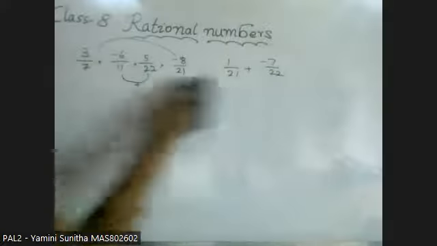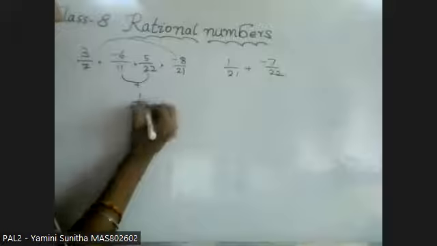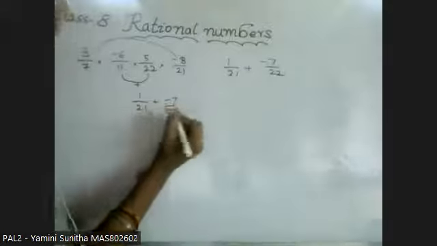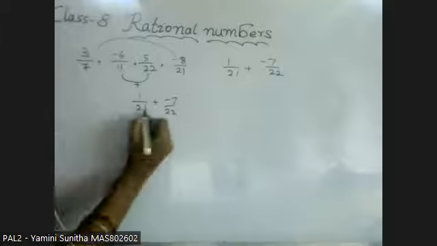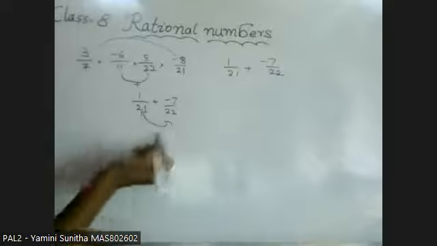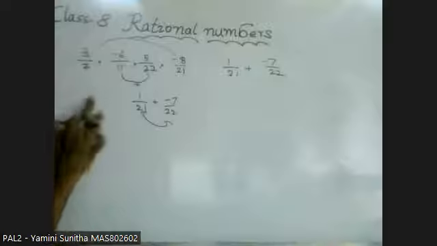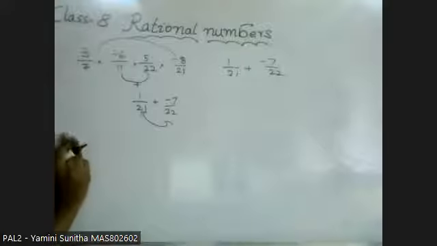Now next, 1 by 21 plus minus 7 by 22. Now here, find the LCM of 21 and 22. They are consecutive numbers, and we know consecutive numbers are always co-primes.